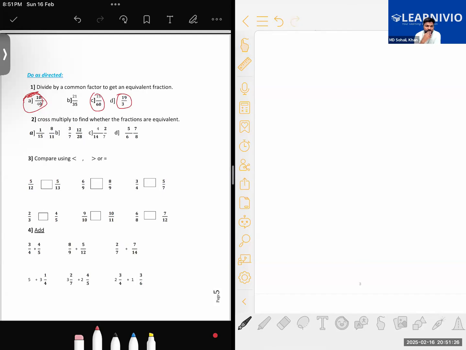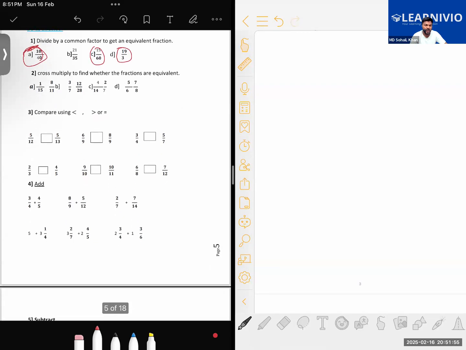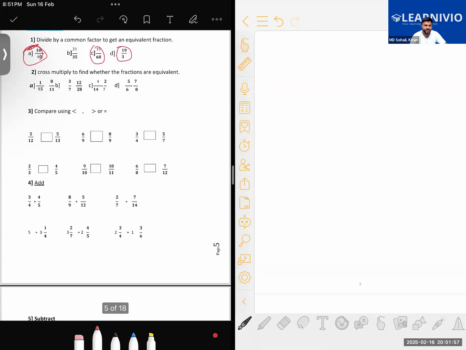Also tell me, you have taken leave from the madrasa right now, so you must be having some time. You must be getting adequate time for studying. Did you not solve any questions from the worksheet at home? Yes, I solved. Okay. I did question number 3, compare using.